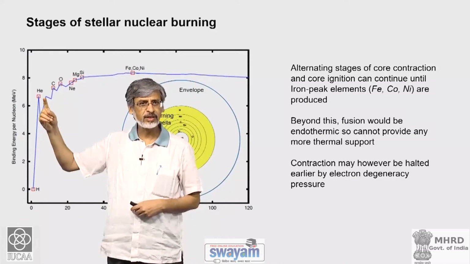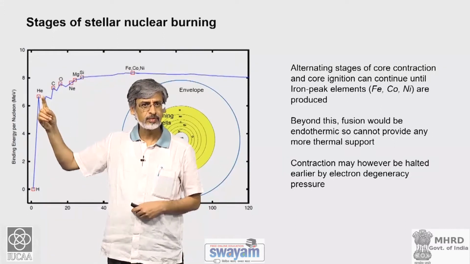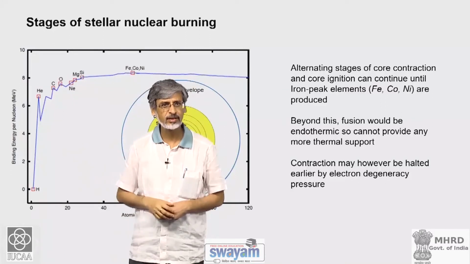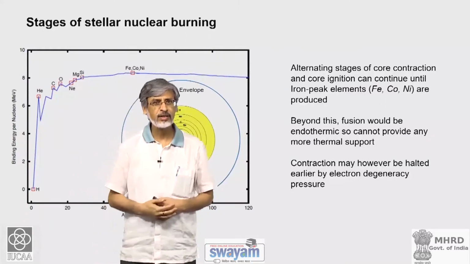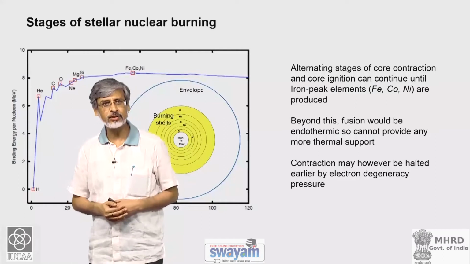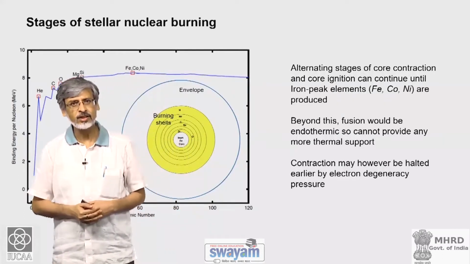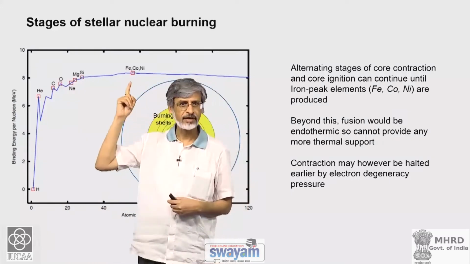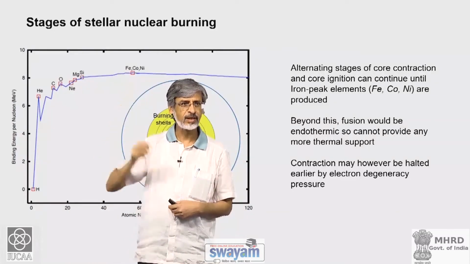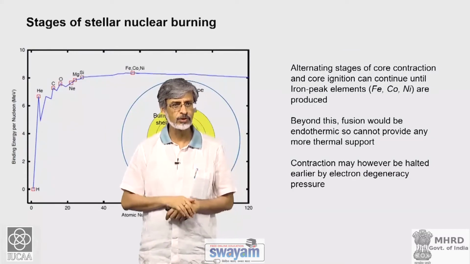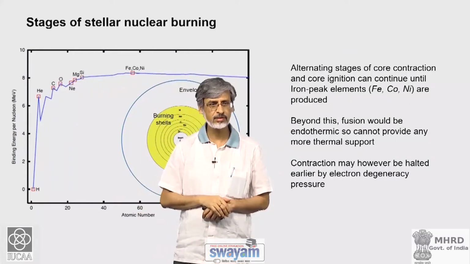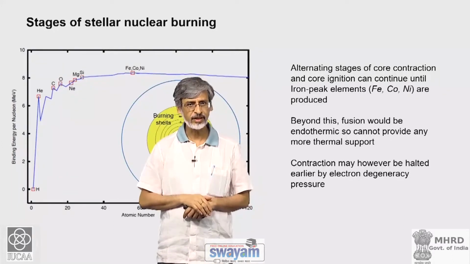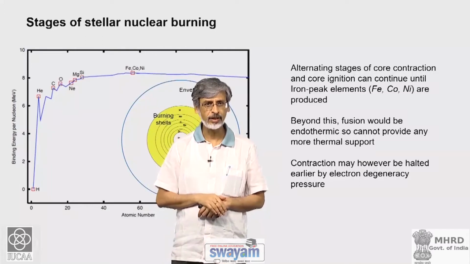The next stage of burning takes helium to carbon, which is also exothermic, and subsequently one can take carbon to oxygen, oxygen to neon, neon to magnesium, magnesium to silicon, and then finally to iron. And in fact, iron, cobalt, nickel, they are almost very similar. They stay nearly at the same place in the energy diagram, and they are called iron peak nuclei.